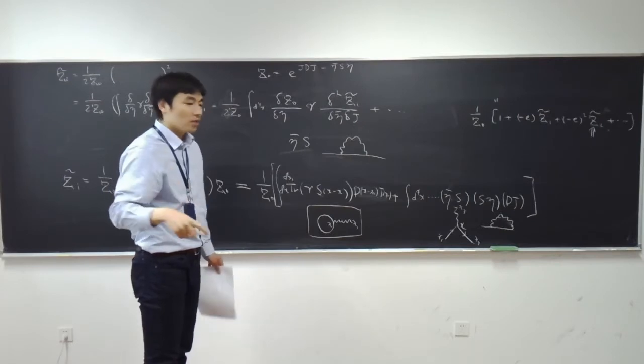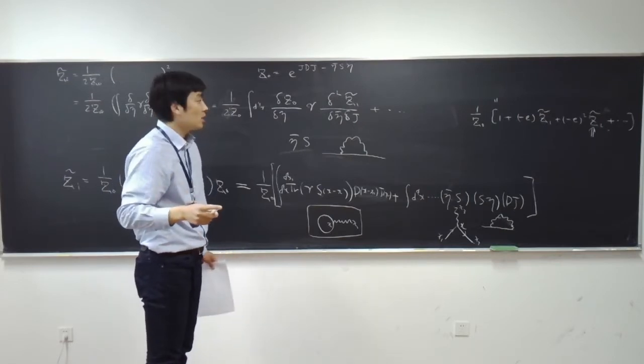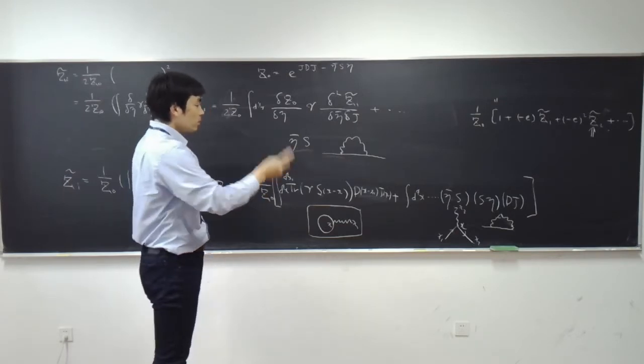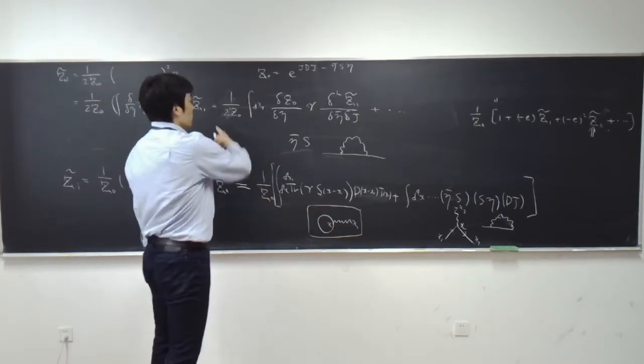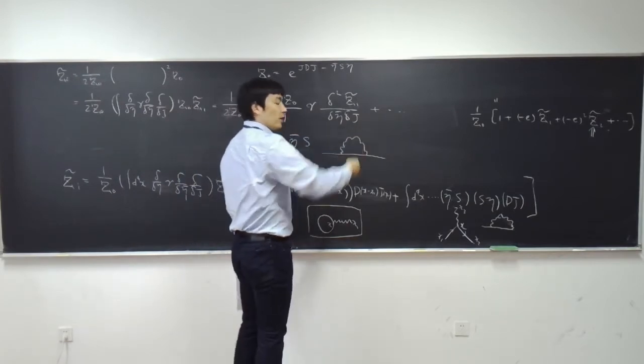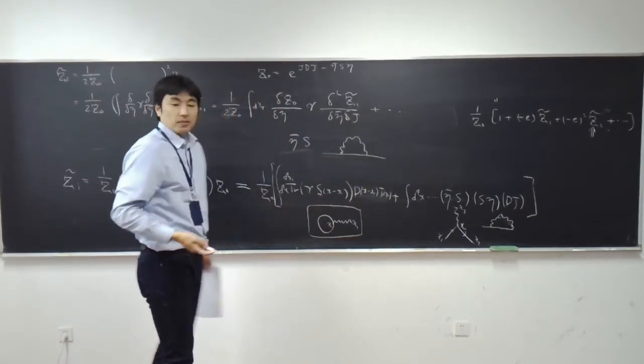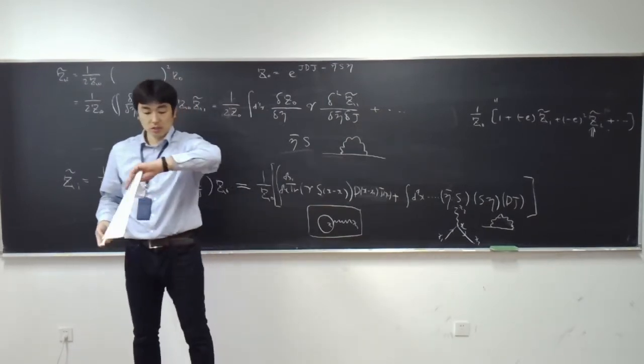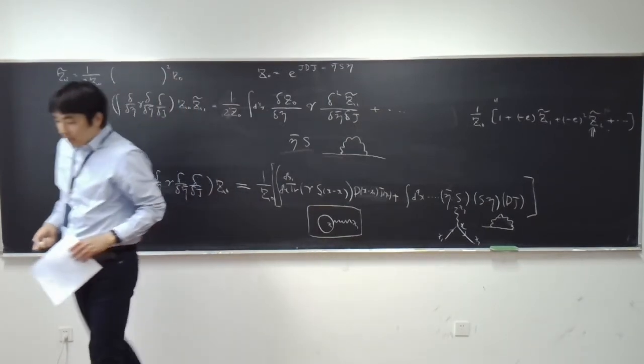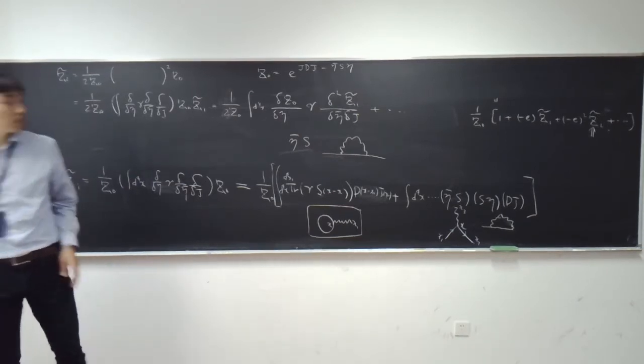But I hope you understand the essential idea of how to act the eta bar J derivative and then find the corresponding diagram. Do you understand? I think I spent 15 minutes, so I'm going to stop.